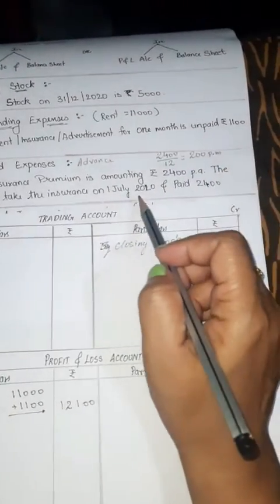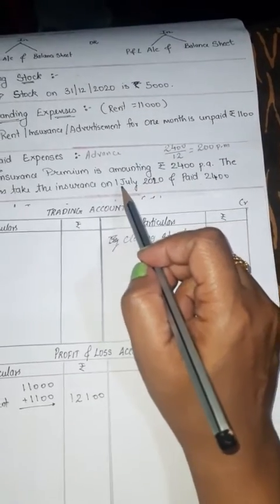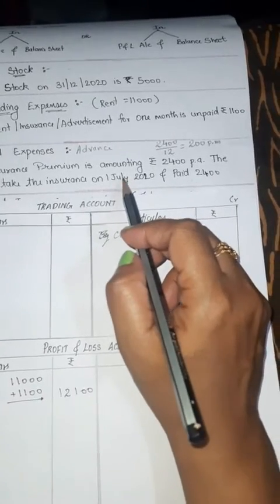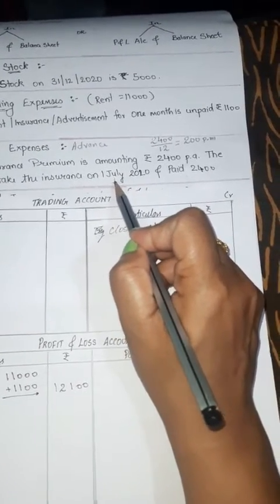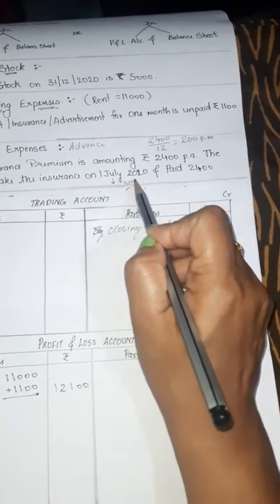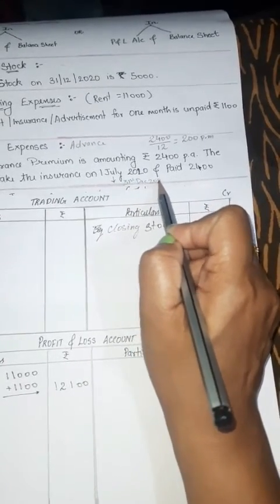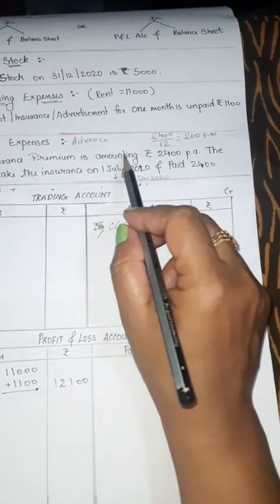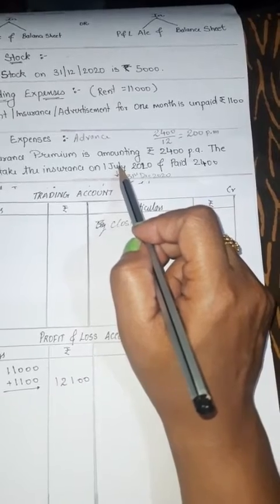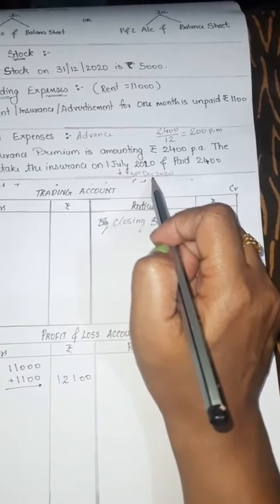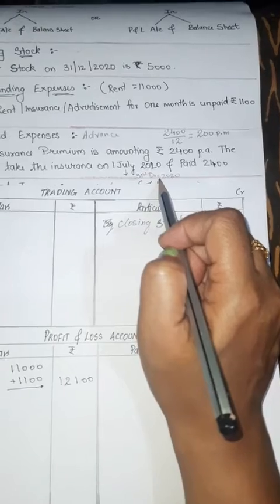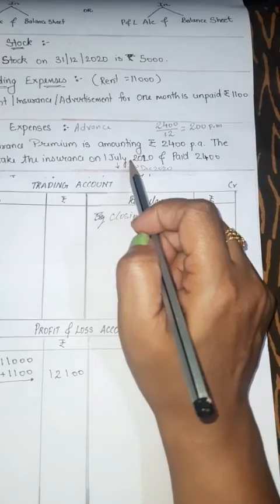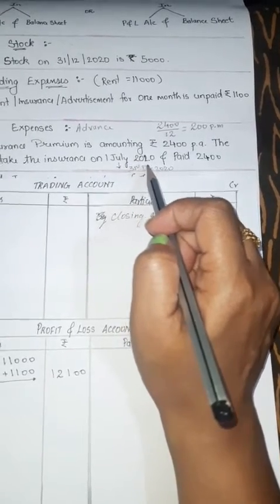Here, if you read this question very carefully, you have taken insurance on 1st July. In this particular problem, the financial year ends on 31st December 2020. If you count from 1st July to 31st December, we have covered 6 months after taking this insurance.